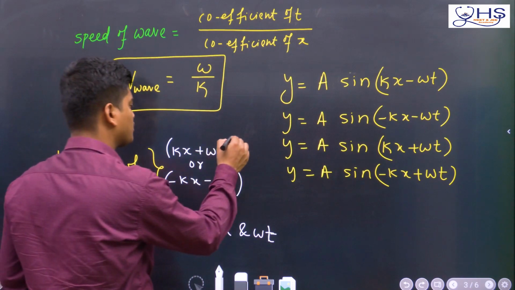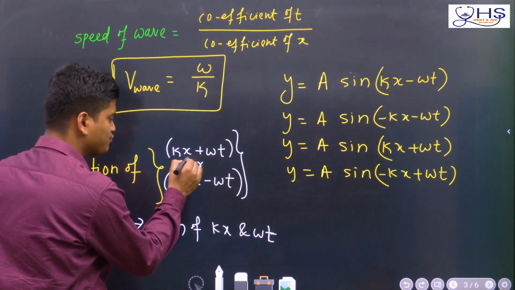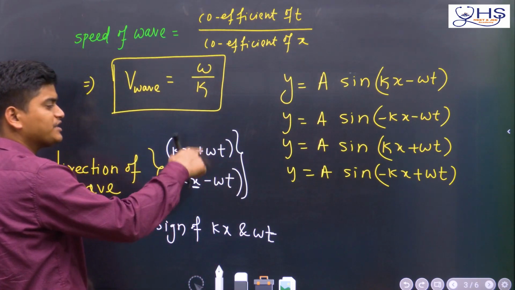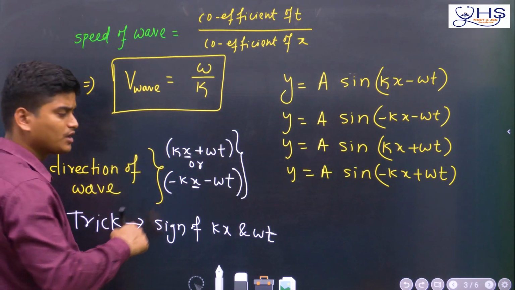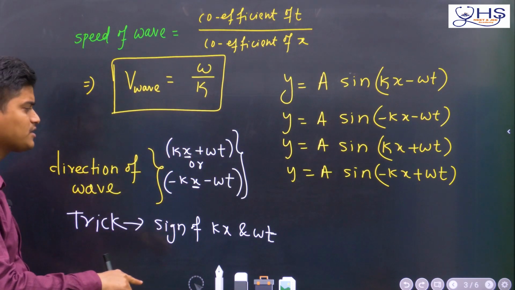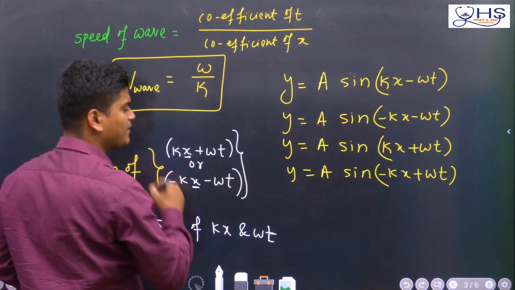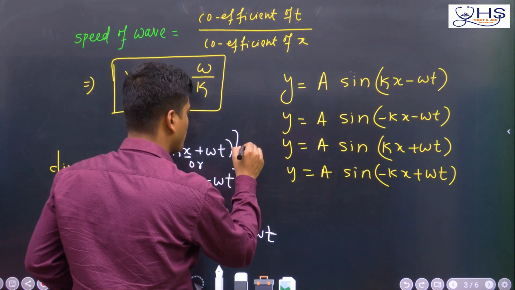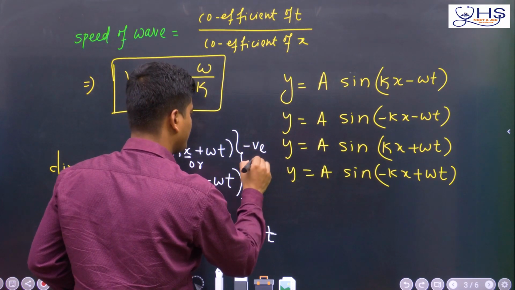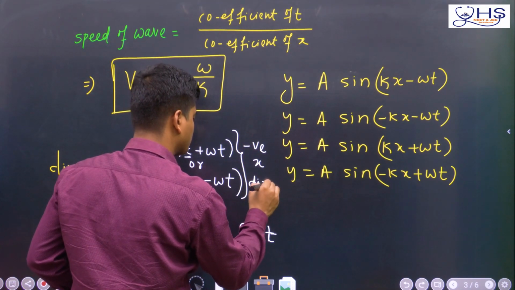If this is the condition, then remember, x is there, that means the wave is traveling in the x direction. If x is there, the wave is traveling in the x direction, and if same sign, then it is traveling in the negative x direction. So you can write here the wave is traveling in the negative x direction.